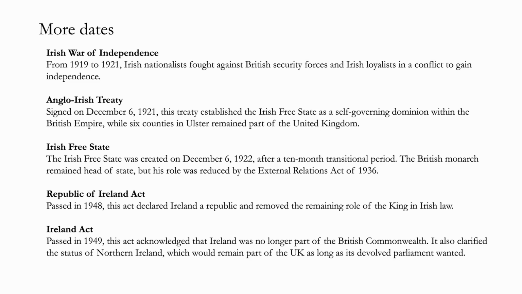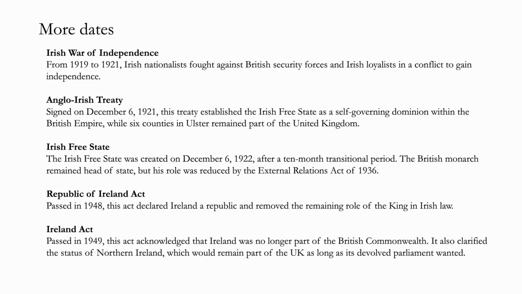And then the Irish Free State, after 10 months of a transitional period, became, because of the 1936 External Relations Act, a state where the British monarch no longer had any effect on Ireland. And then in 1948, Ireland declared itself to be a republic and removed any of the remaining role of the king.